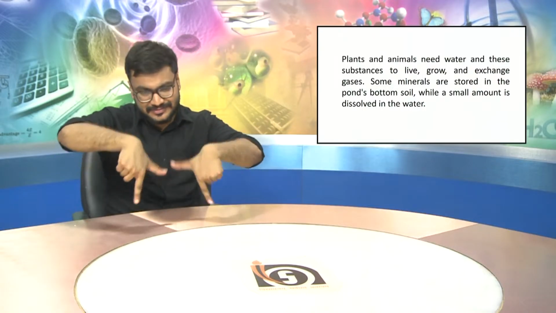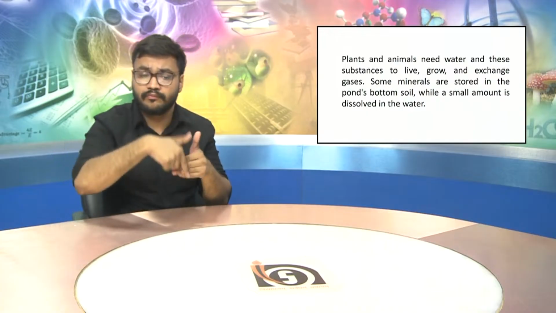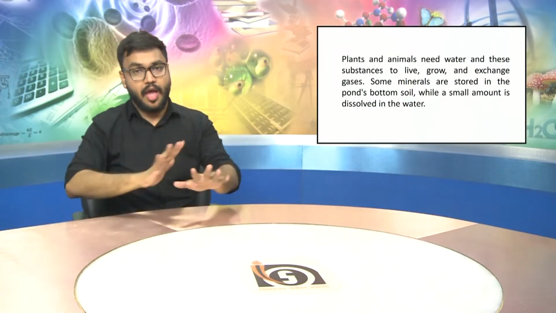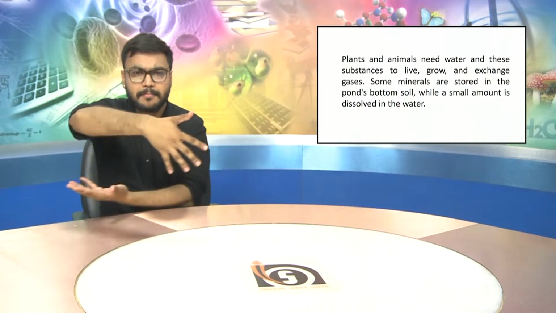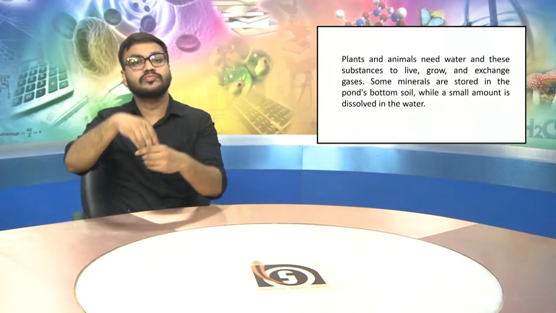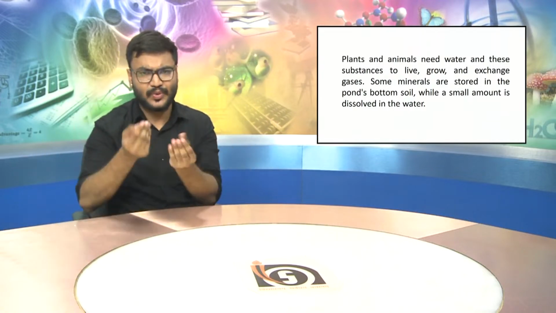Plants and animals need water and these substances to live, grow, and exchange gases. Some minerals are stored in the pond's bottom soil, while a small amount is dissolved in the water.